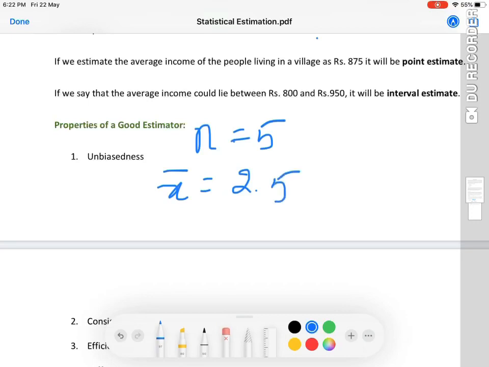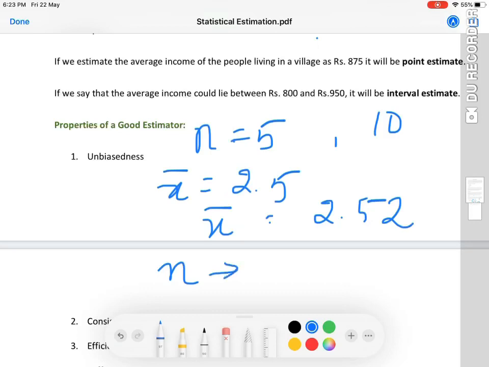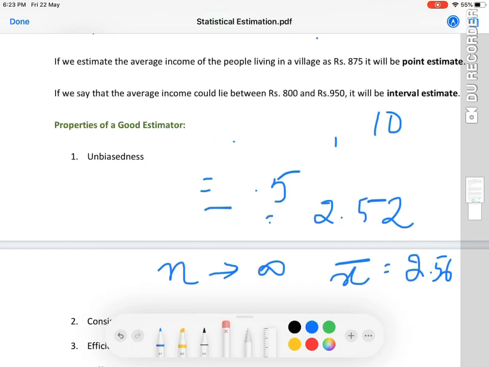Now if n becomes 10, x bar is close to 2.52, and as n tends to infinity, x bar gives me a value somewhere around 2.56. So there is a small change in the value of the estimator, but it is consistent. That is the property of consistency of a good estimator.